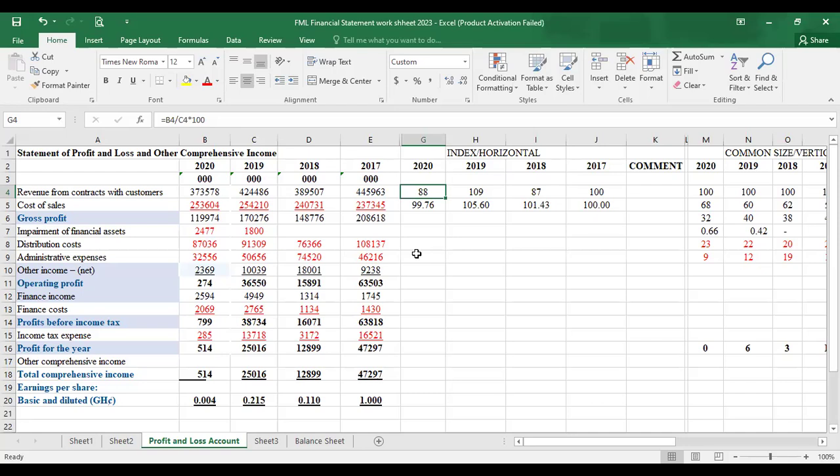There was low patronage. Okay, so if we all remember, 2020 was when COVID hit Ghana. And for a big part of the year, people were working from the house, people were on lockdown.